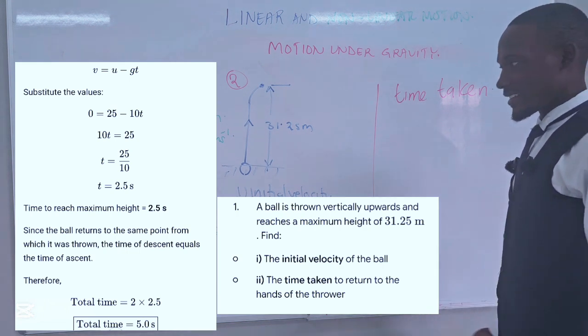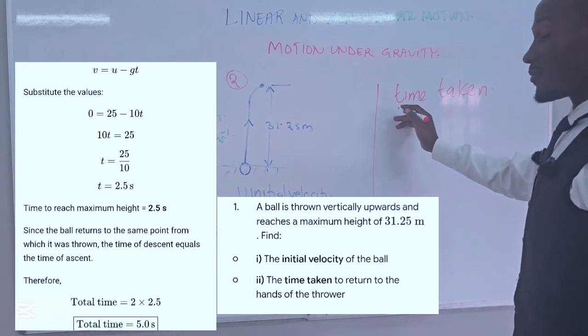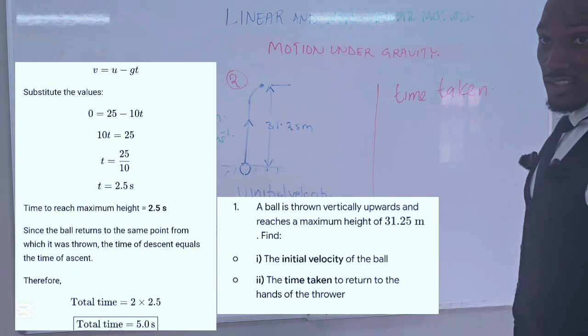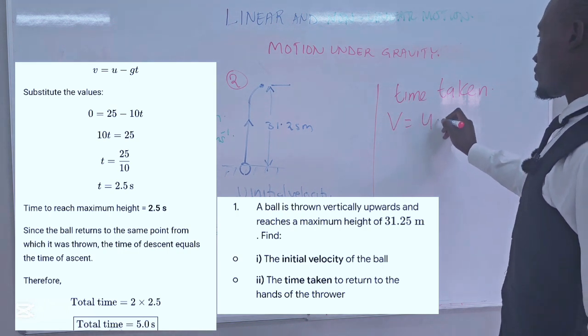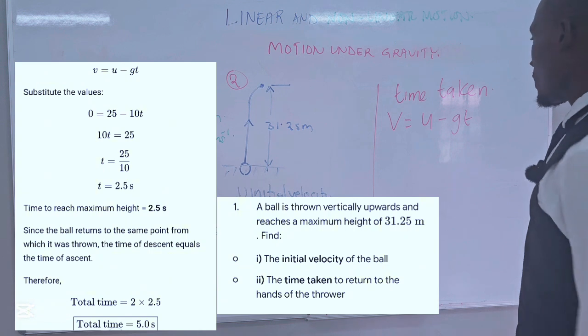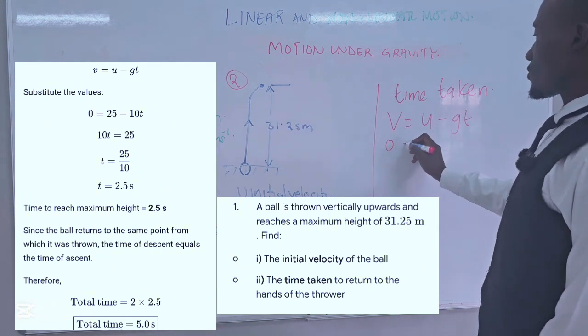Now for the time taken, I'm going to use an equation that has the time, which can be the first equation or the second equation. So let me use the first equation because I've already got the initial velocity. The velocity at this point will be 0.